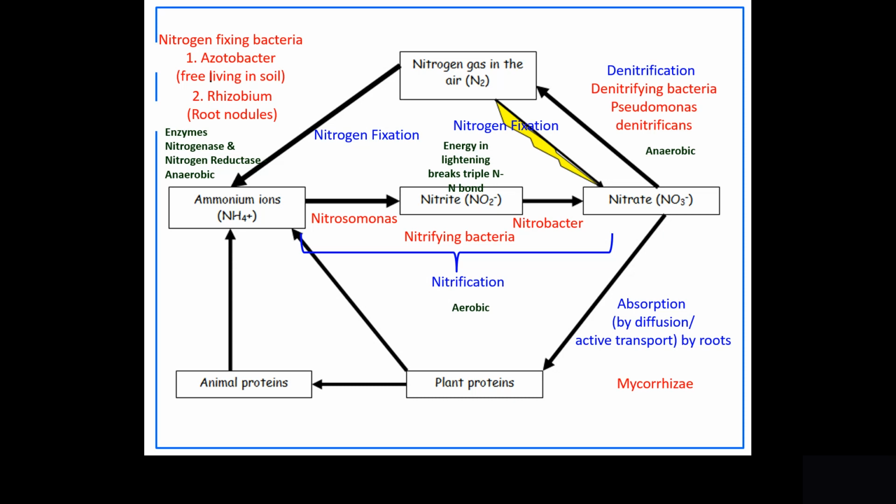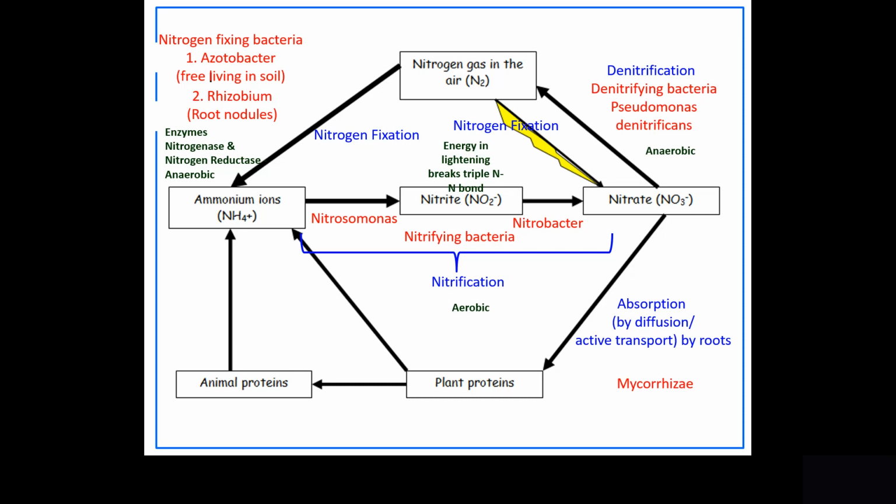Once the nitrates are absorbed, the plants can utilize the nitrogen atoms within the nitrate ion to make proteins, but also to make nucleic acids like DNA and RNA. So it's not just proteins, but it would be more proteins than anything else.